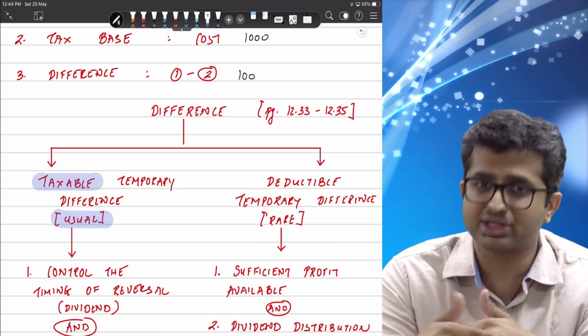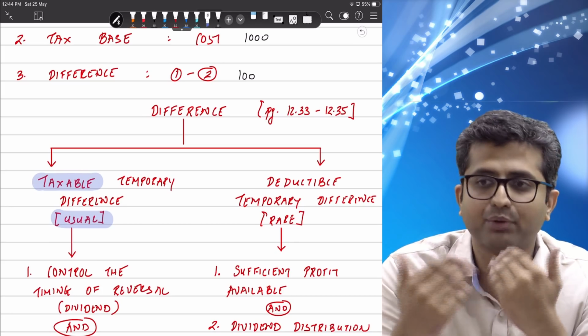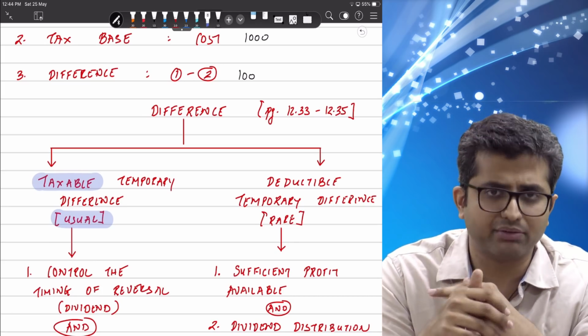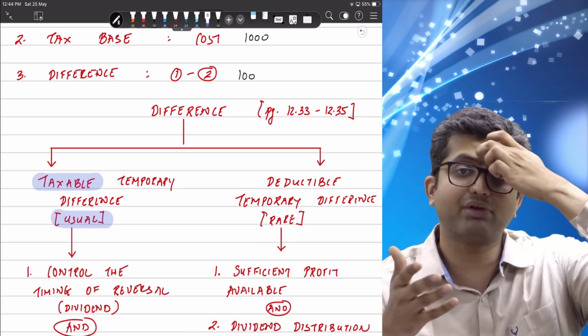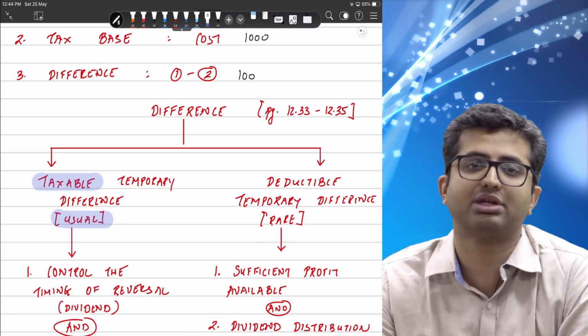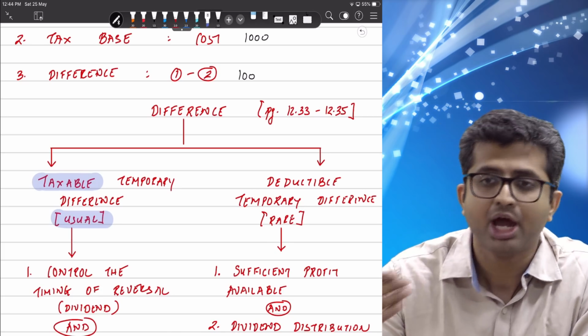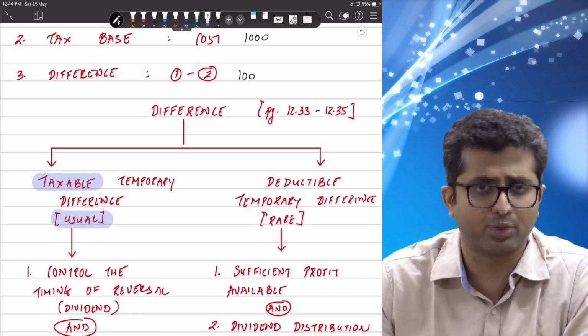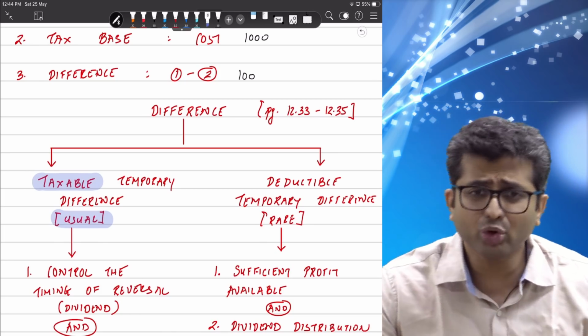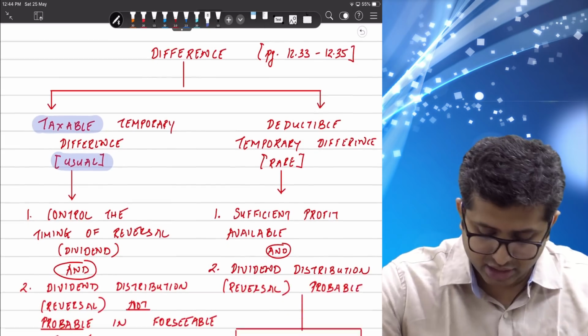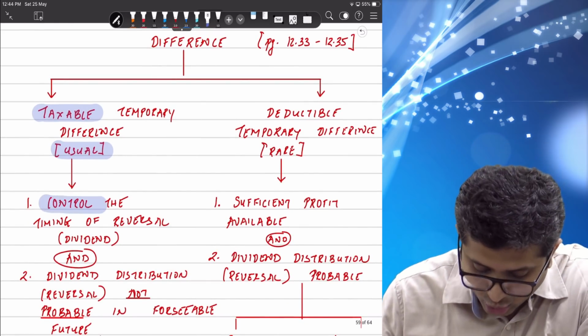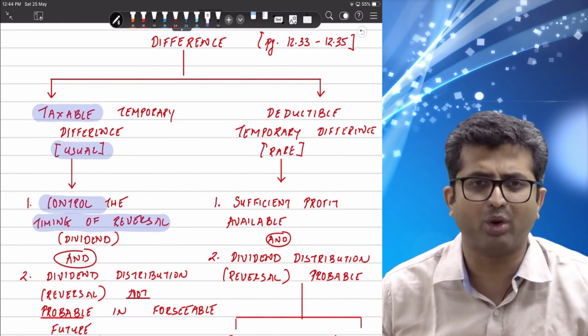However, in income tax, there will be no DDT because in the foreseeable future, you do not intend to pay dividend. Companies like Microsoft never paid dividend for around 30 years before they started paying dividend. So it might be that you don't intend to pay dividend in the foreseeable future. So in case the entity controls the timing of the reversal. What is a reversal?